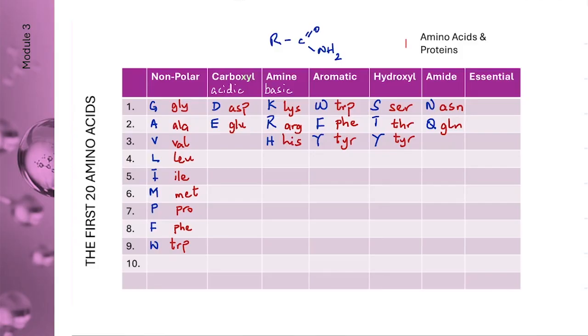If you look at all these amino acids, we have practically covered the first 20 amino acids. But I think there's one or two that we have not covered. For example, cysteine is not here. So we have cysteine, and the letter is C.